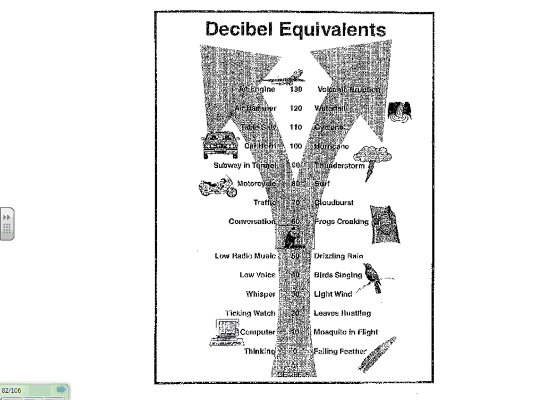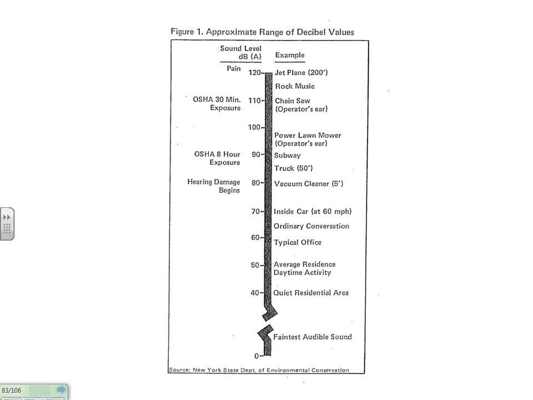Motorcycles are getting up there. Subway in a tunnel. Car horn is 100. Jet engine is 130. I think Rock Band was in there someplace. Oh, it's on this one. There's another one that I had. This one was the Cummins one. Rock music was up there between 110 and 120. So don't crank up your iPhones or your iPods or whatever.